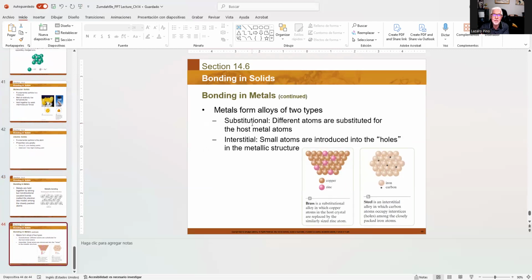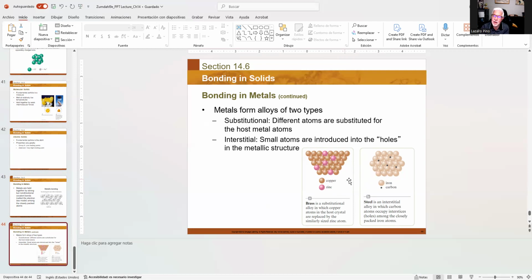Here you have some bondings in metal. For example, when you have alloys, one metal, for example zinc, can occupy spaces that were occupied before by copper.